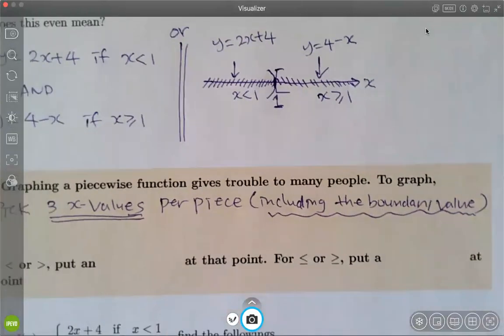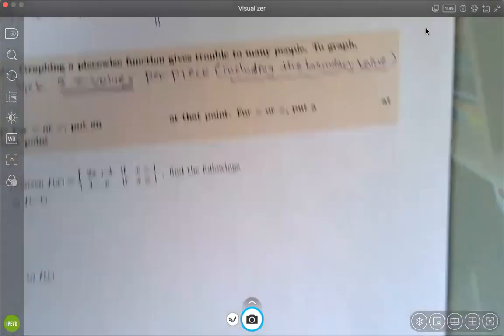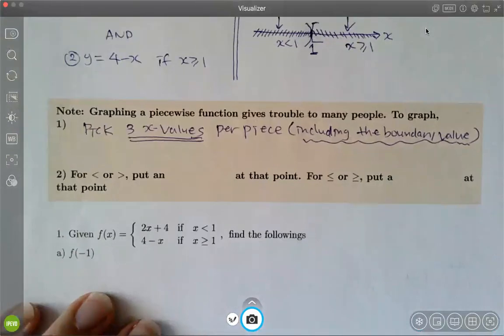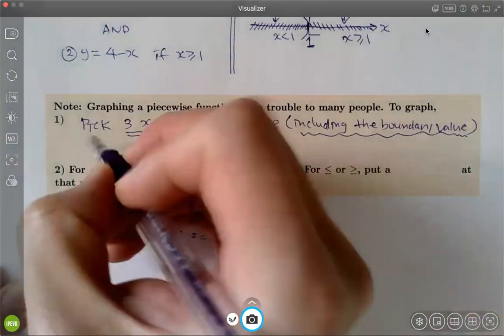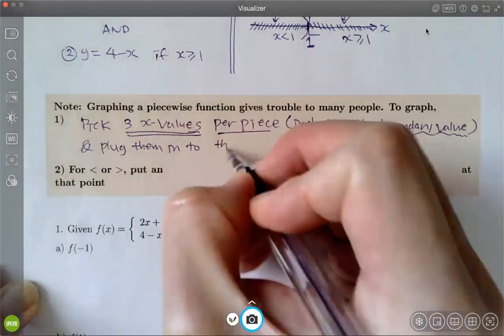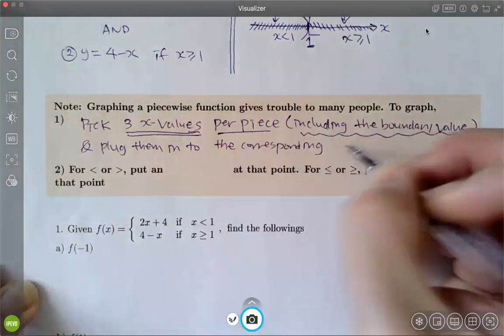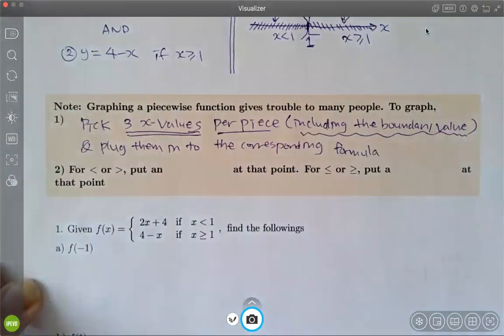Now, I guess I have to zoom out a little bit so that you can see things better. So maybe that's better. Okay, so for these 3 x values per piece, you have to plug them into the corresponding formula. Here I said formula, but this is different from something like the quadratic formula.